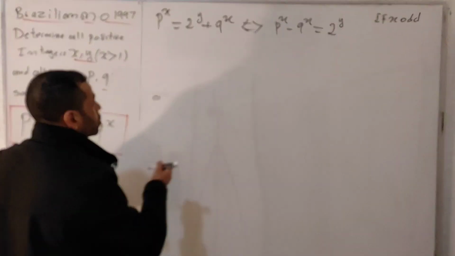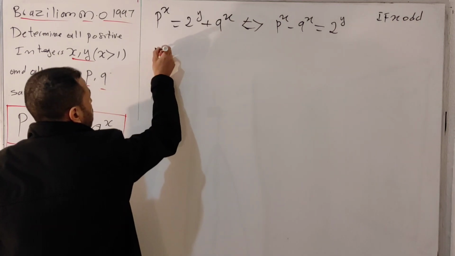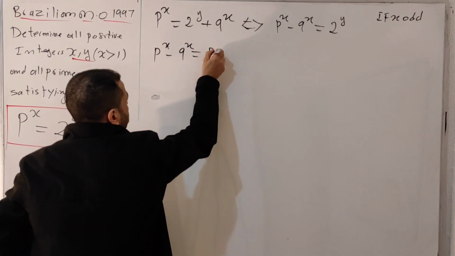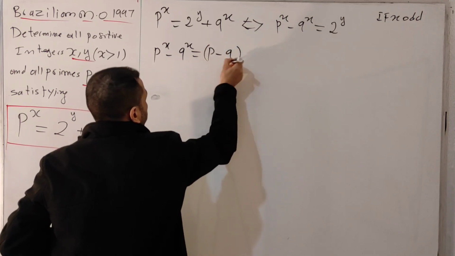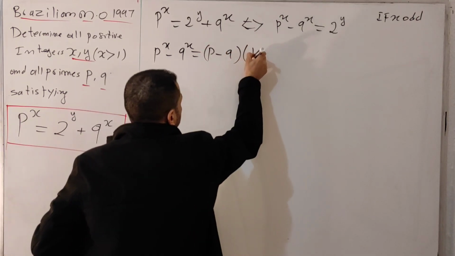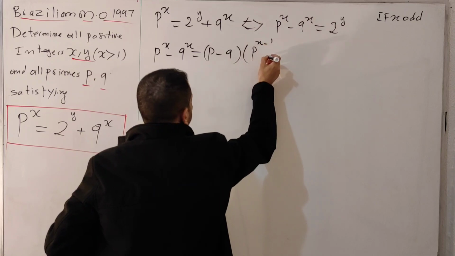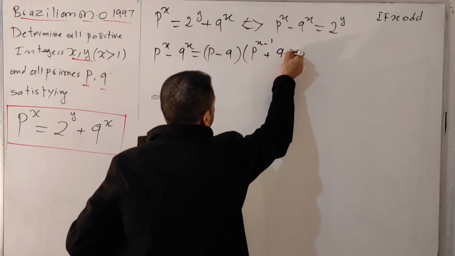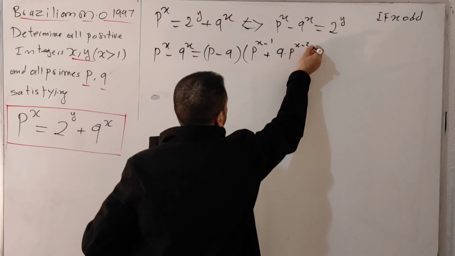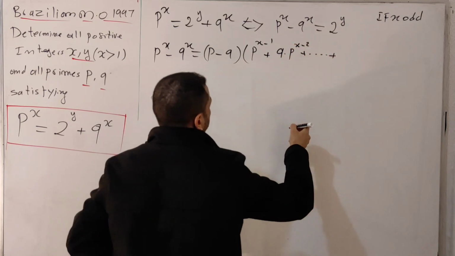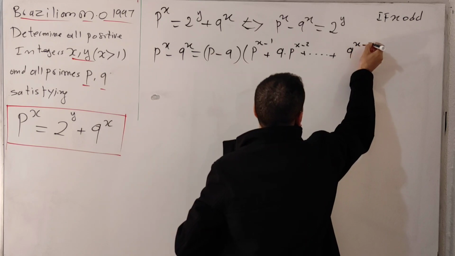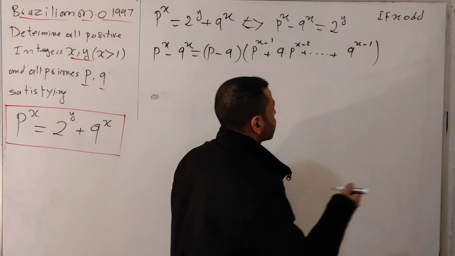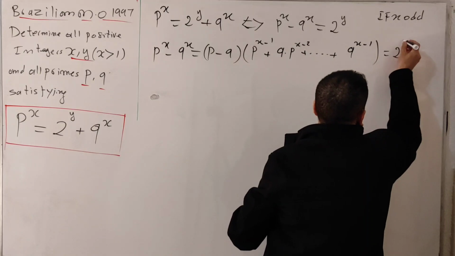So this will be written in this form: p to the x minus q to the x gives us the factor p minus q, multiplied by p to the x minus 1 plus q times p to the x minus 2, and all the way down to the last term, q to the x minus 1. The entire thing equals 2 to the y.